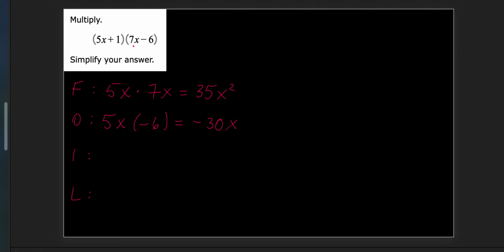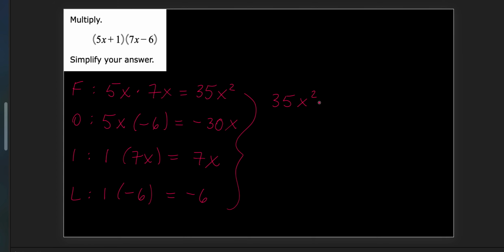And then I for inner, and that's 1 times 7x, which is 7x. And then L is the 1 times negative 6, and that's negative 6. And there's all your terms that we line up and see what we have.